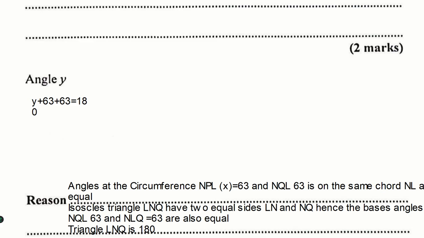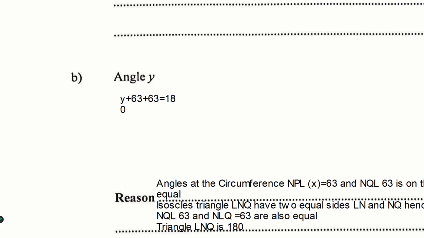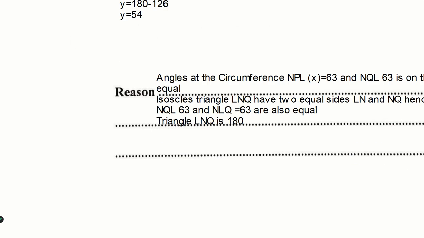Therefore Y would be equal to 180 minus 63 plus 63, which is 126. So the answer would be Y is equal to 54. And that is your answer for this.